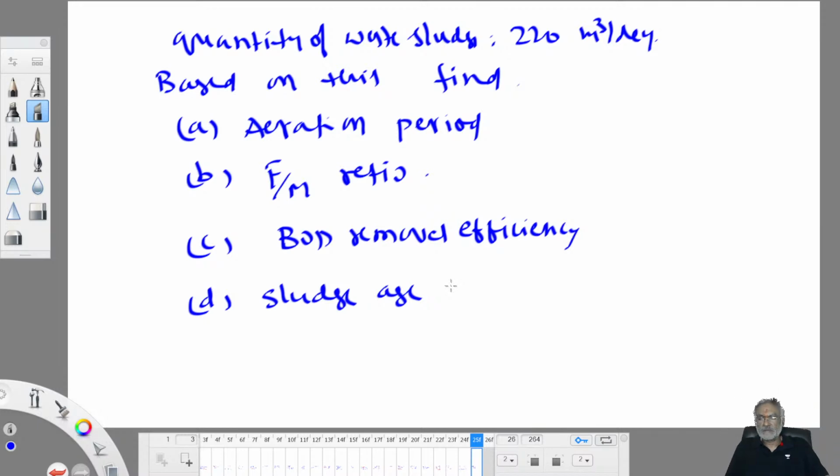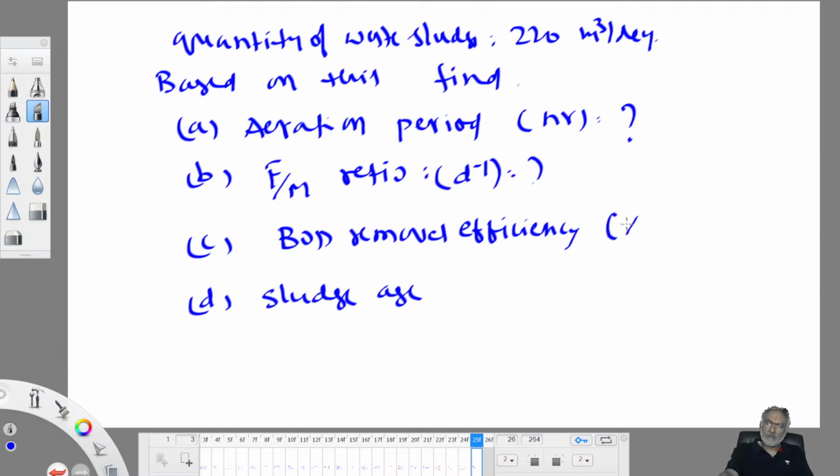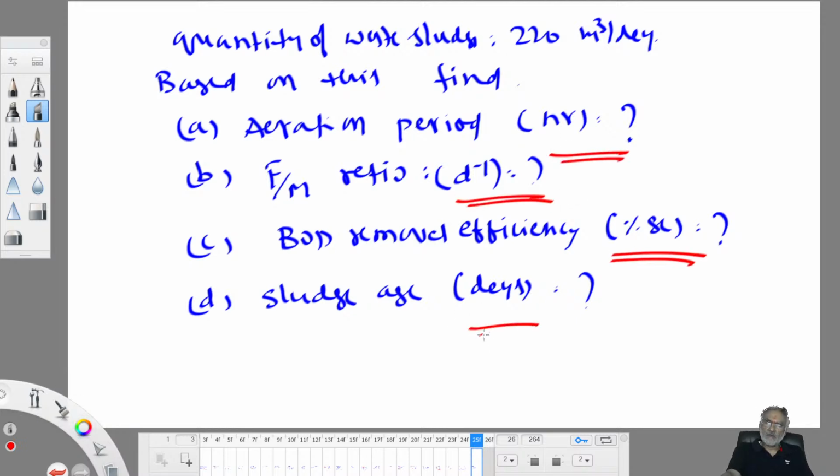Come on. Find out: first one this, second, third, fourth. Work it out. Let me see how many will work it out.